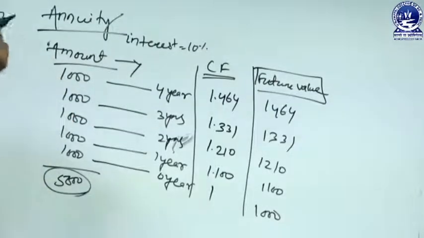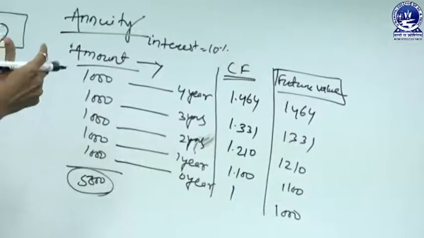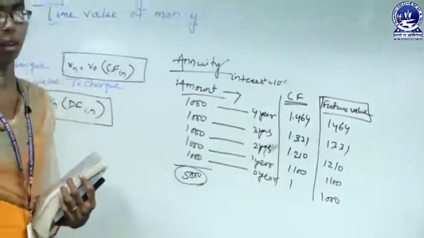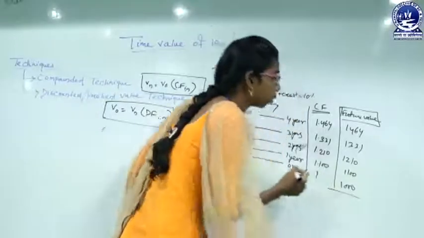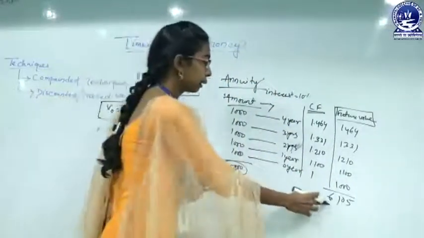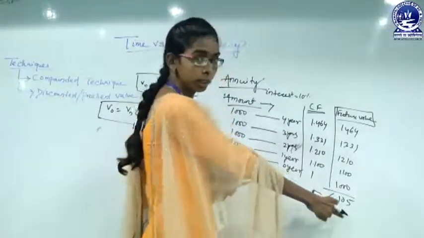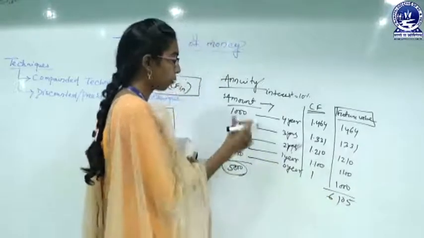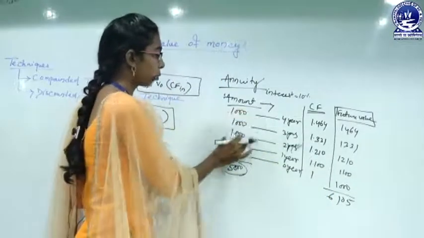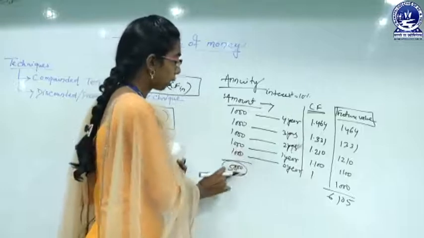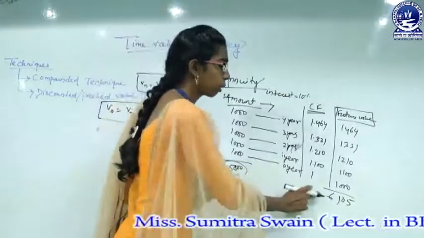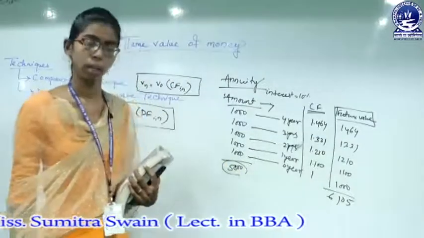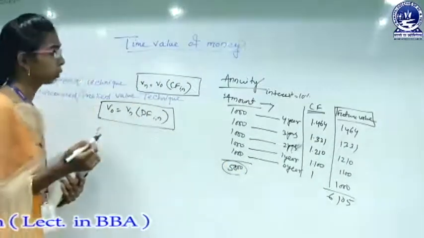Okay, but with time value of money, from a financial manager's point of view, what he is actually going to pay is 6105. So after 5 years of equal payment of 1000, that we are seeing as 5000, turned into 6105.